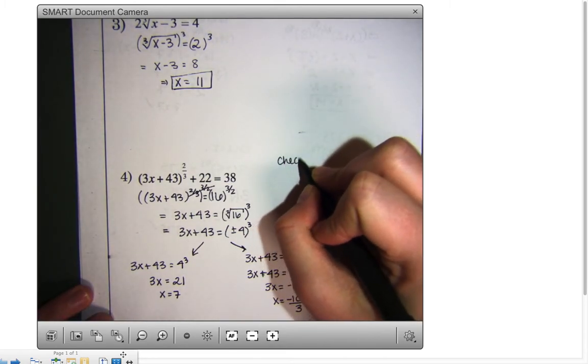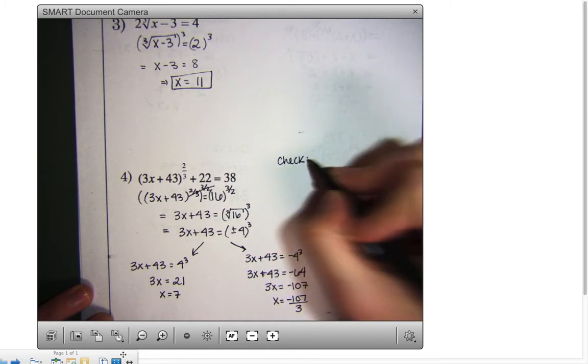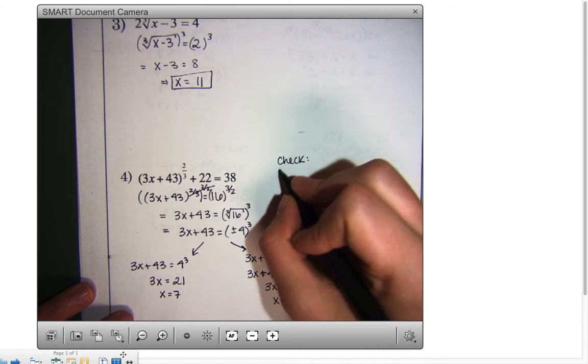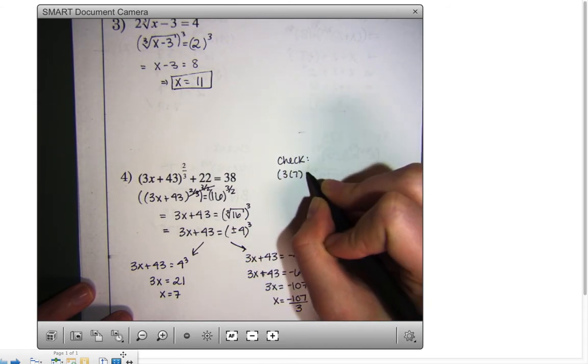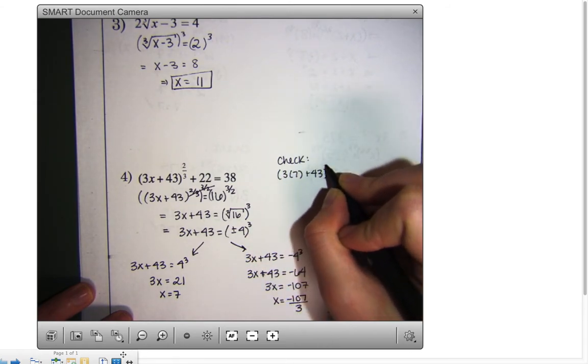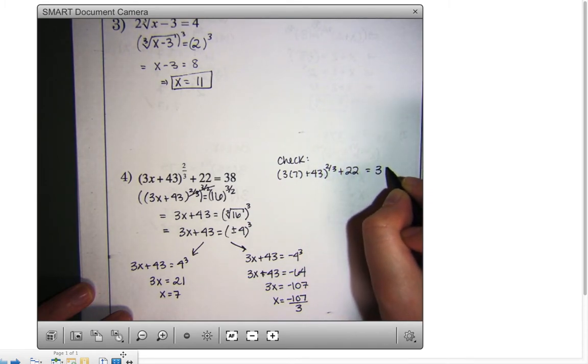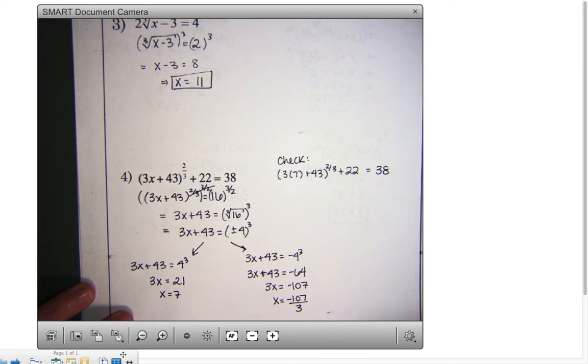I've got two answers that I need to check now. So you do need to check both of them. 7 is going to get plugged back in here to the beginning. (3 times 7 + 43) to the 2/3 + 22. Does that really equal 38?